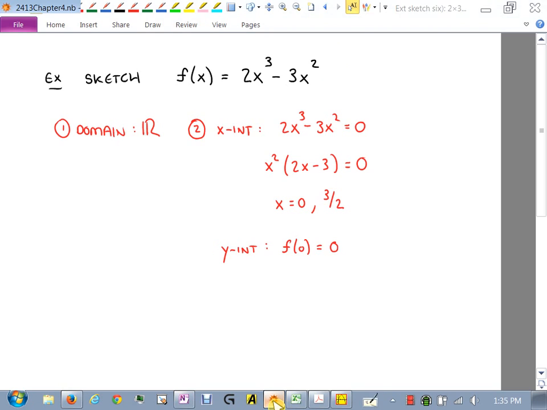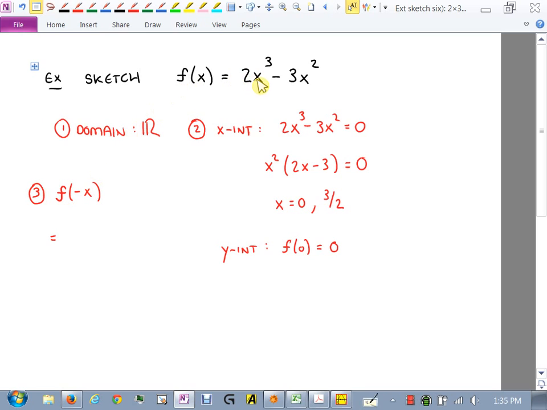Okay, next thing. Check for symmetry. Is this symmetric? What do you think? Does it look like I would have symmetry? One thing you can do to check for symmetry is look at f of negative x. Plug negative x into this function.